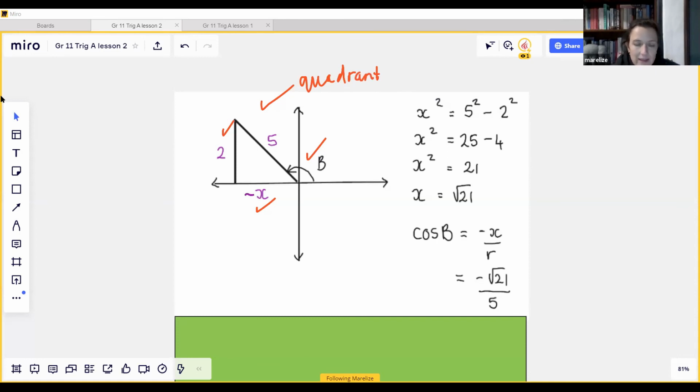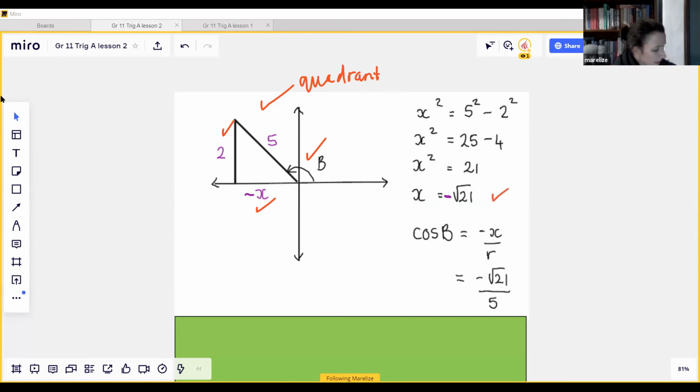Then you had to calculate what x was using Pythagoras, and that is root 21. But because we are on the Cartesian plane, that's going to be negative root 21. Okay, so that's another mark.